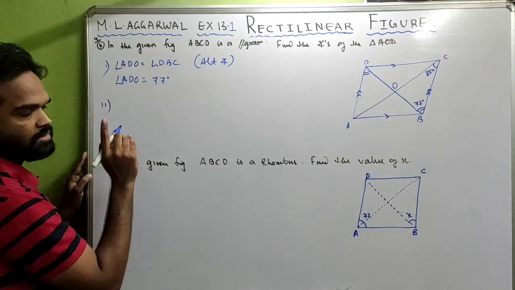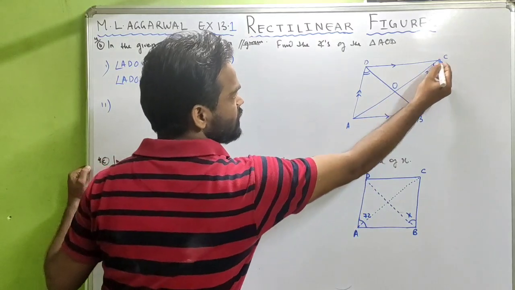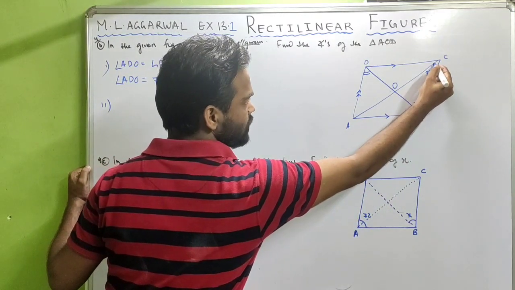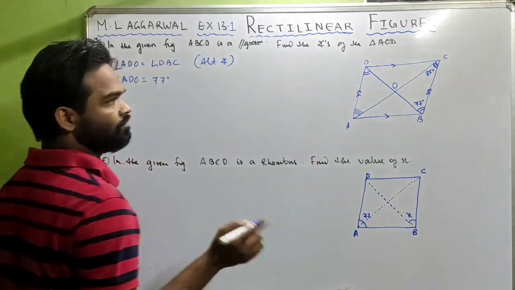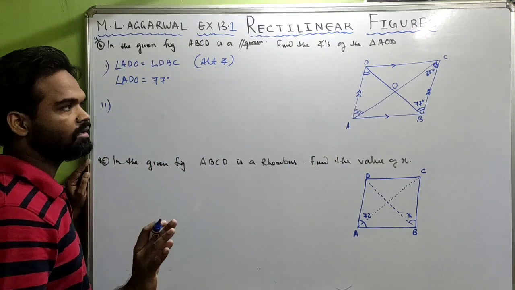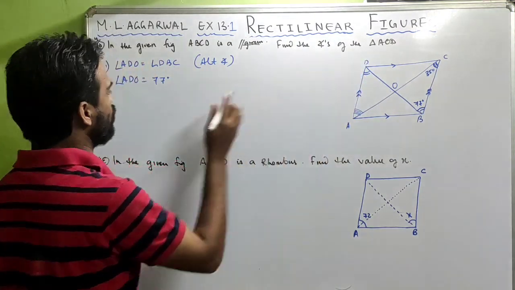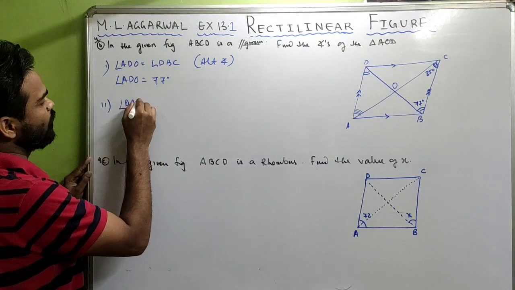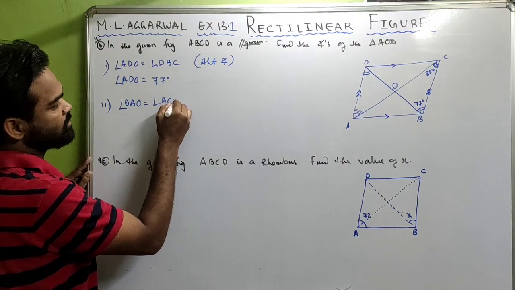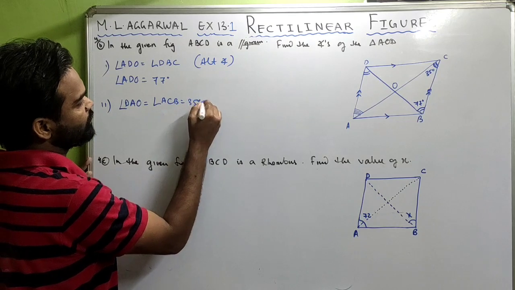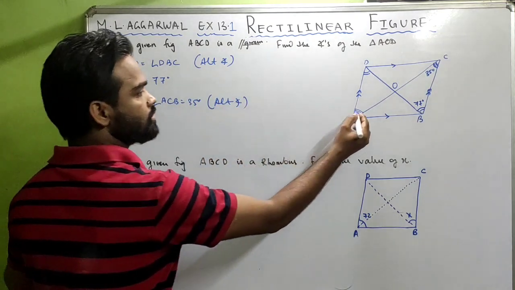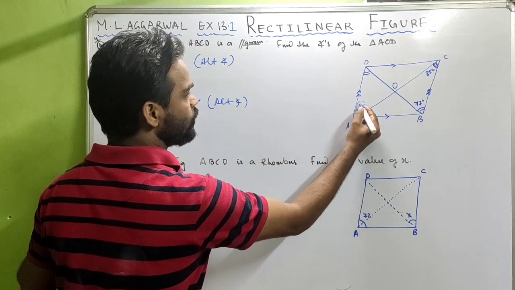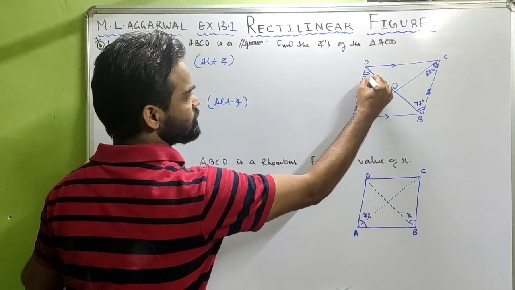Done. Similarly, if you look, angle ACB, which means this angle, isn't it? And this angle will be equal. Again, same alternate angle, which means angle DAO is equal to angle ACB is equal to 35 degrees, and that's alternate angle. Now this angle is 35, known to us. This is 77.